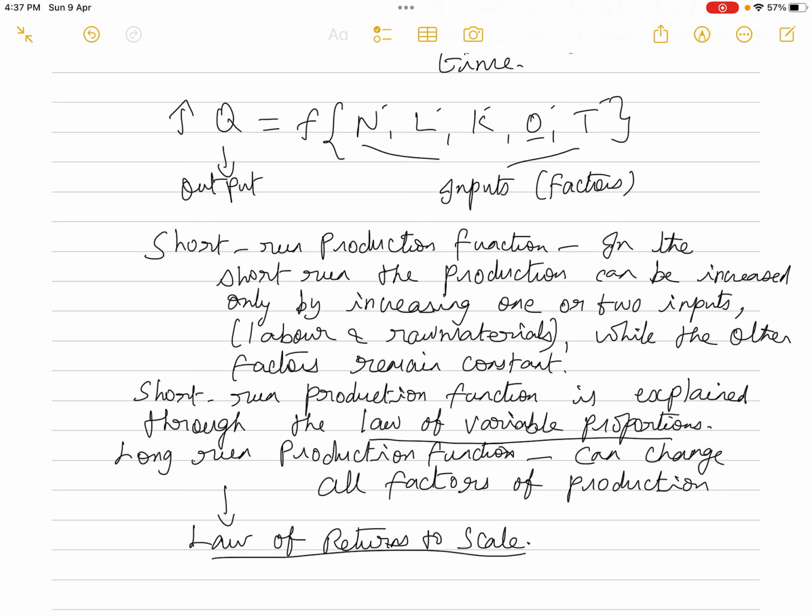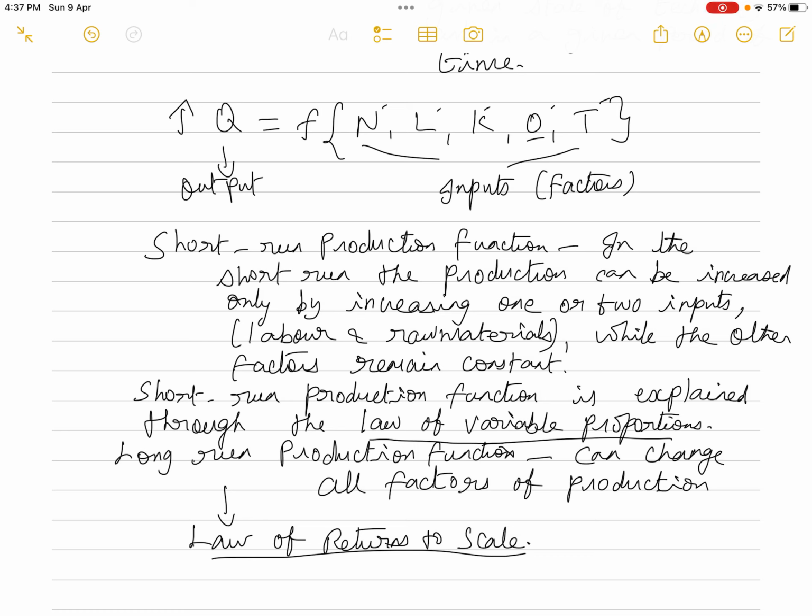Now what are the law of variable proportions and the law of returns to scale trying to explain? Just like the law of diminishing marginal utility and the indifference curve analysis, they are all trying to explain the equilibrium position of the consumer. So what do we mean by the equilibrium position of the consumer?